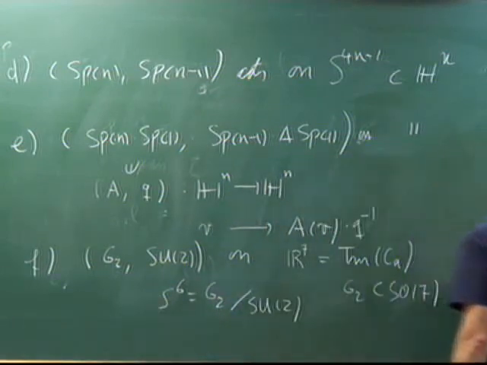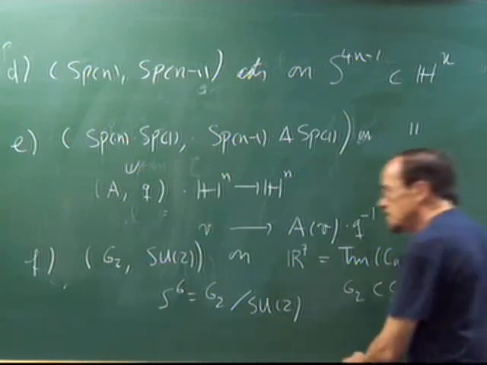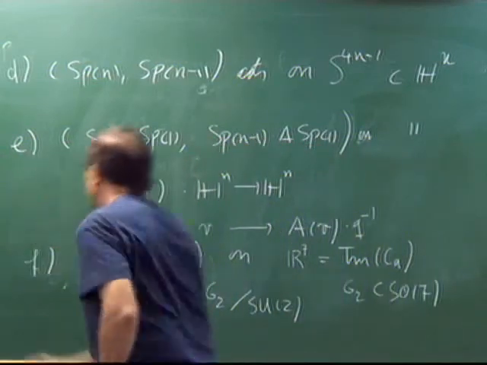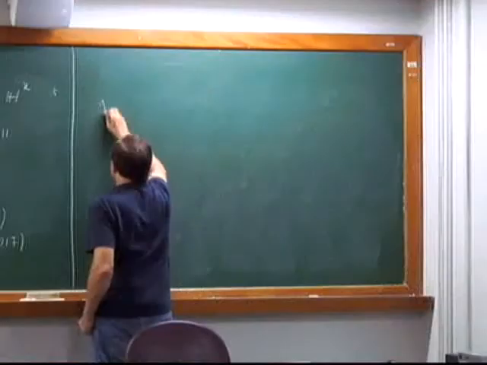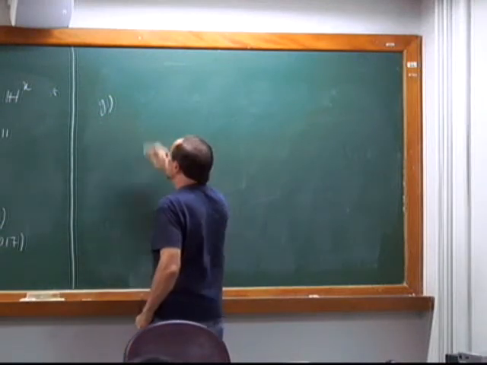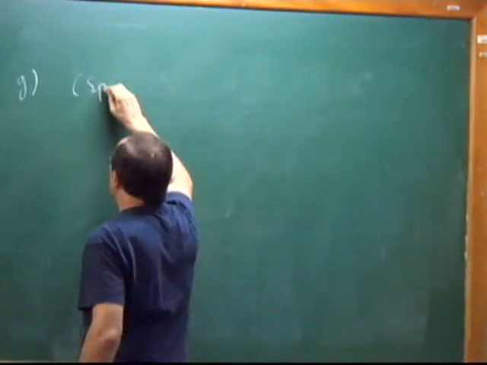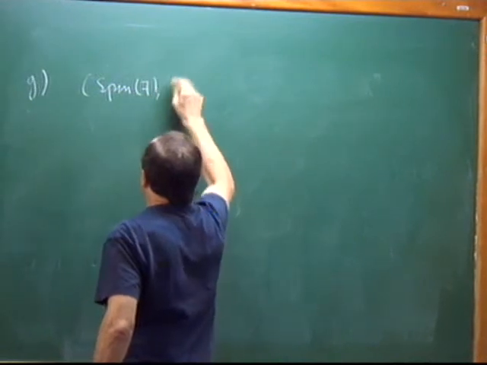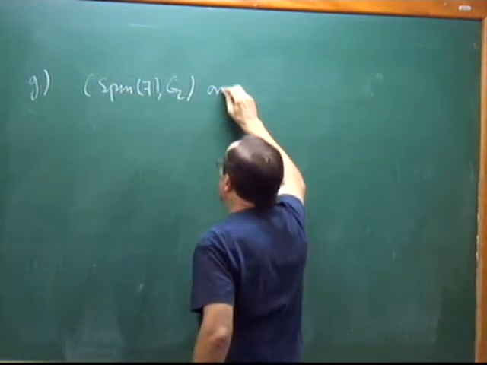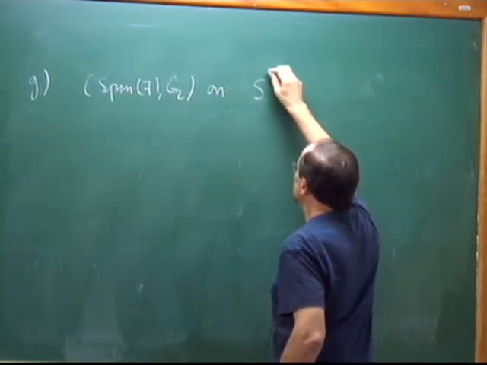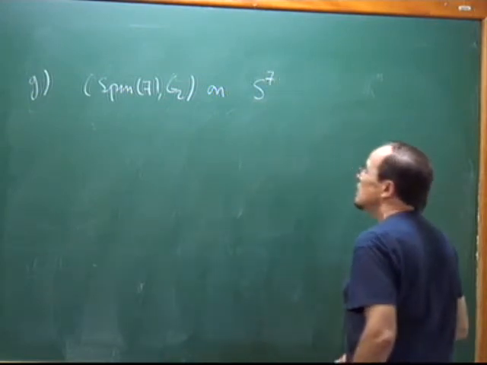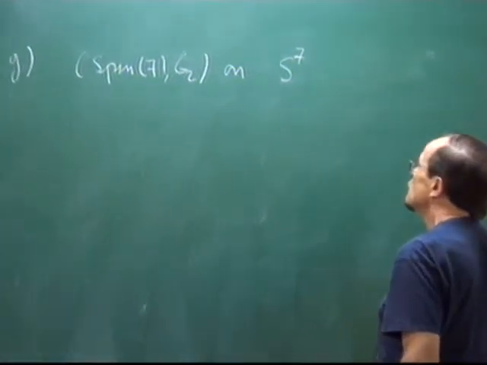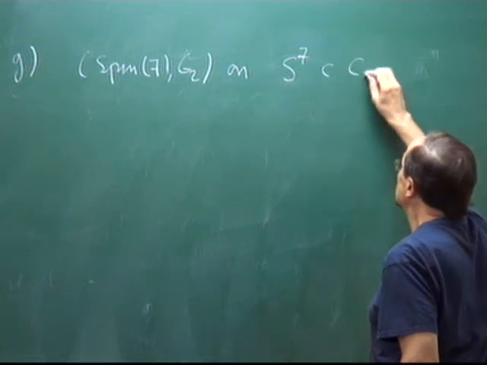There are two more. They also involve exceptional Lie groups. Spin(7) mod G2, acting on S^7, sitting inside the whole Cayley numbers.